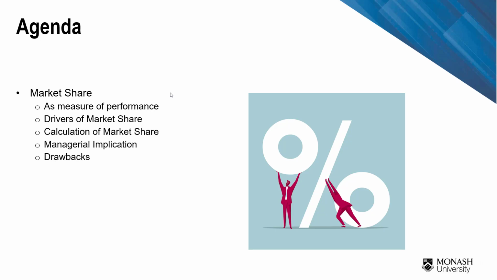This is where we're going to train you in terms of managerial implication, whereby you turn something so statistical, so quantitative, into something that is actionable, that people understand. Not just people, but the general people. Lastly, we're going to look at some of the drawbacks of market share.